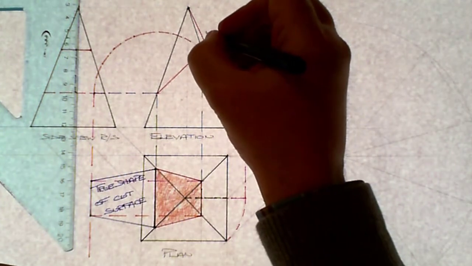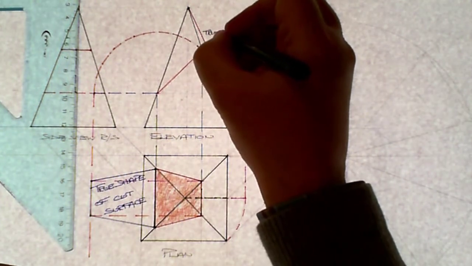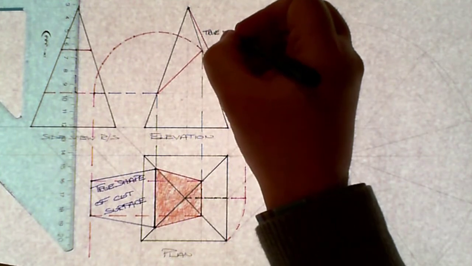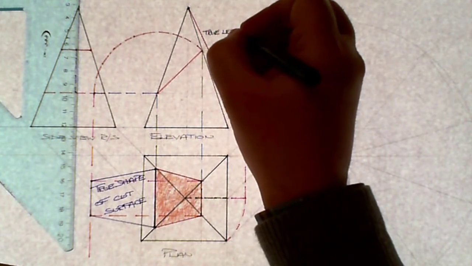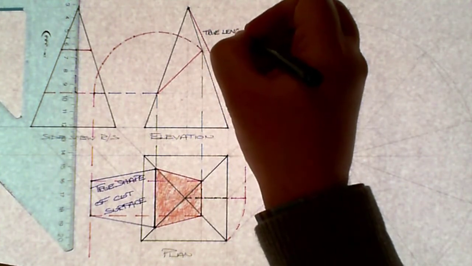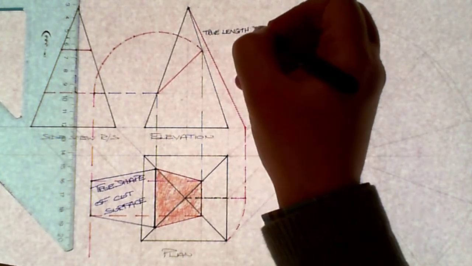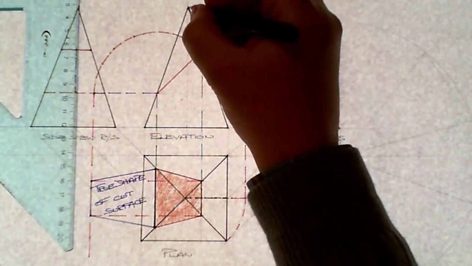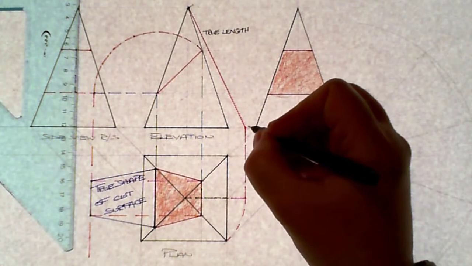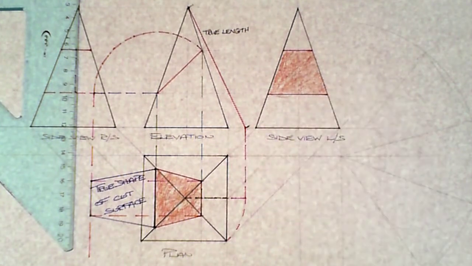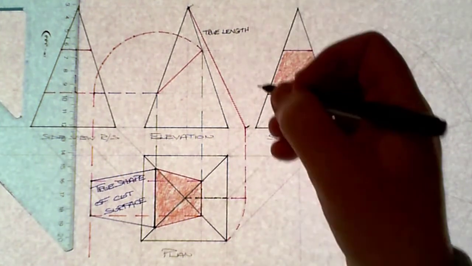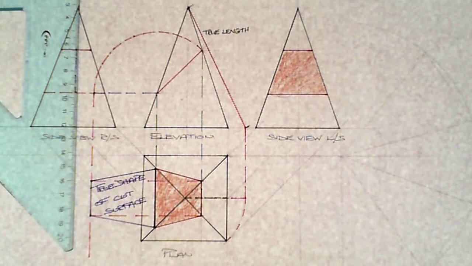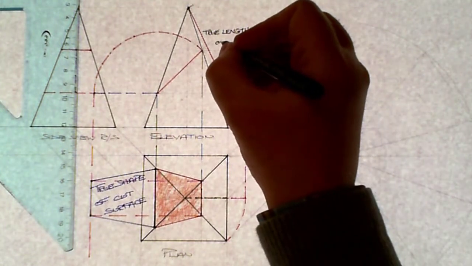That's a true length. True length line here, from here to here. That's a true length. So it's the true length of, I'll put it in as, hip.